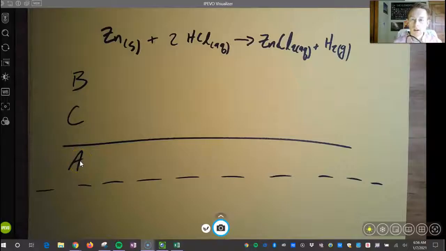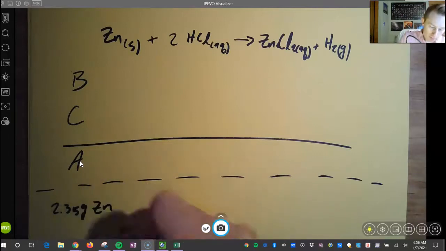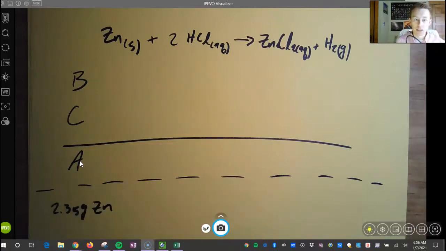Alrighty, so we're given this balanced equation here. We're also given this information: 2.35 grams of zinc. And we're also given this.